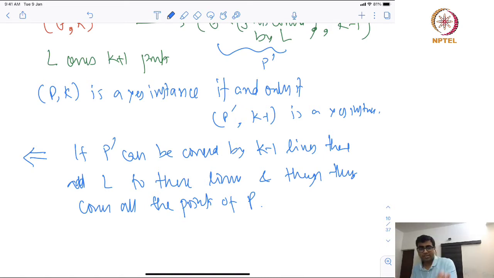The budget was k minus 1, you have added one more line, so the budget has become k. You are only using k lines and you are able to cover all the points.